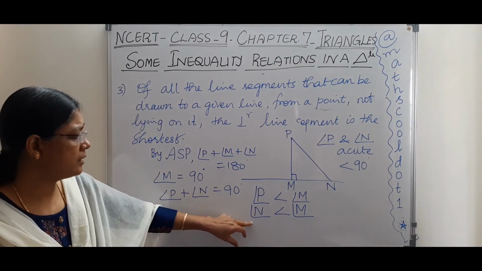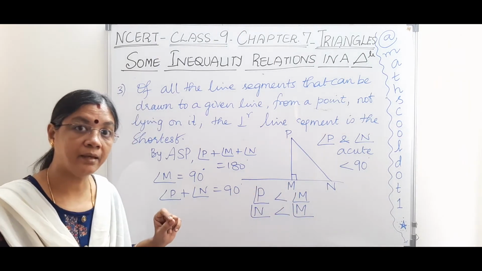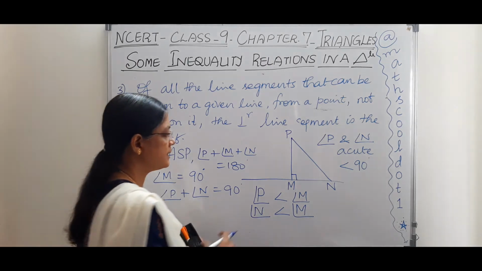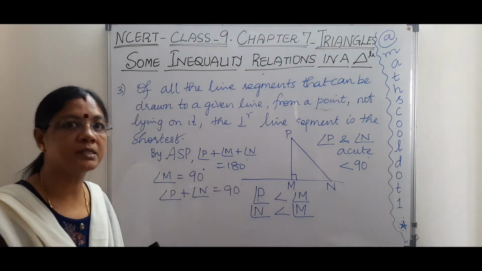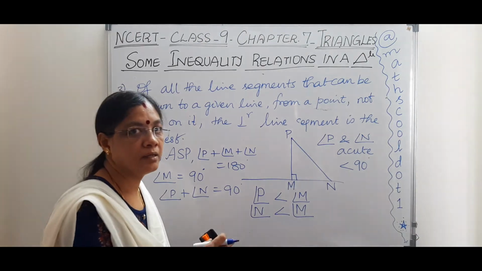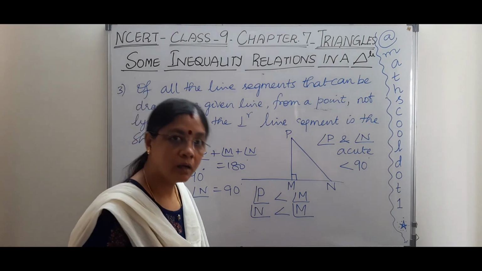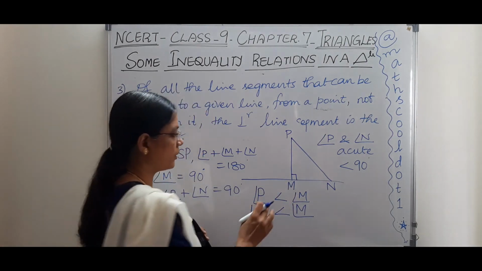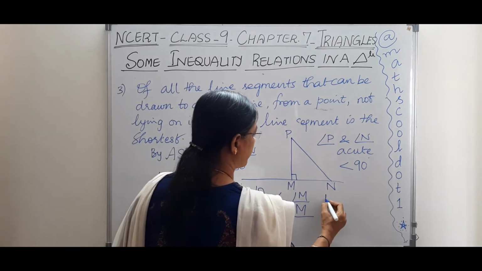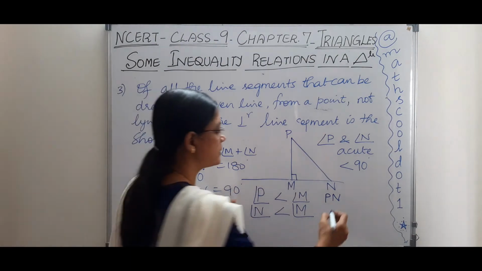So N is less than M and P is also less than M. So what does it state? See, M, with 90 degrees, is the greatest angle in this triangle and the rest of the angles are smaller. So the side opposite to M, what happens? Side opposite to M, PN, is greater.